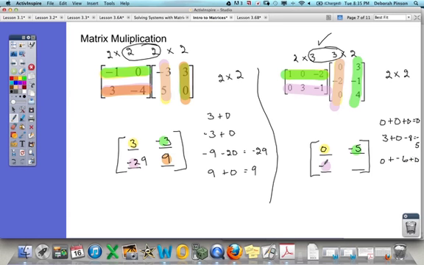So negative 6 total. And then last one we will do, what color did I do it before? Orange. So second row, second column, and go through my process again. So 0 plus a negative 3 minus 4 is a negative 7.